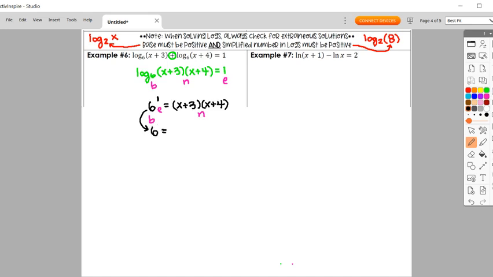And then over here, 2 parentheses multiplied to each other, we've got to FOIL or double distribute. So I'll multiply x to both x and 4, getting me x squared plus 4x. And then I'll multiply 3 to x and 3 times 4, getting me 3x plus 12. I will combine all like terms on both sides.